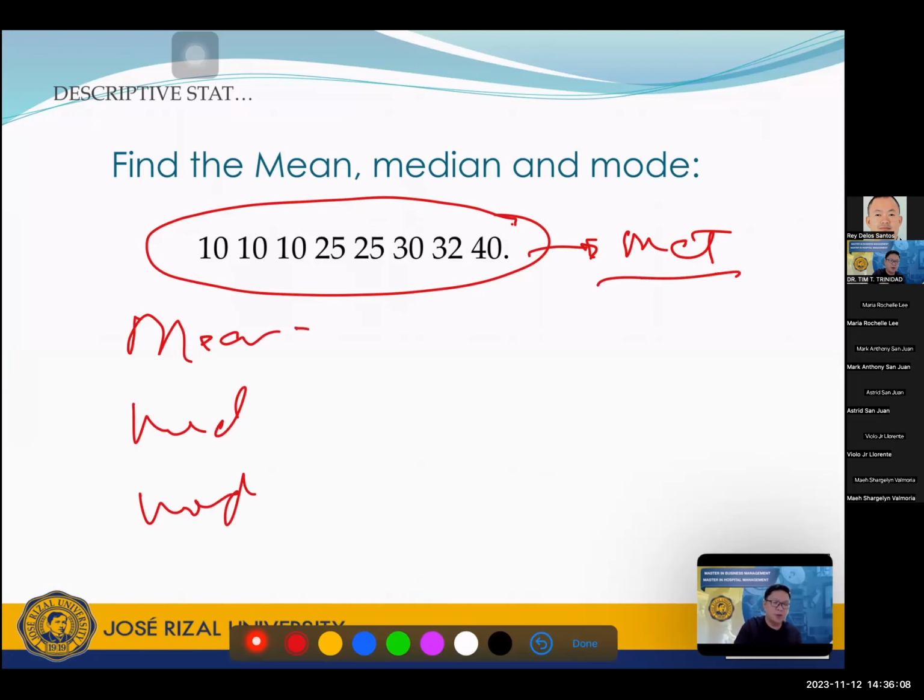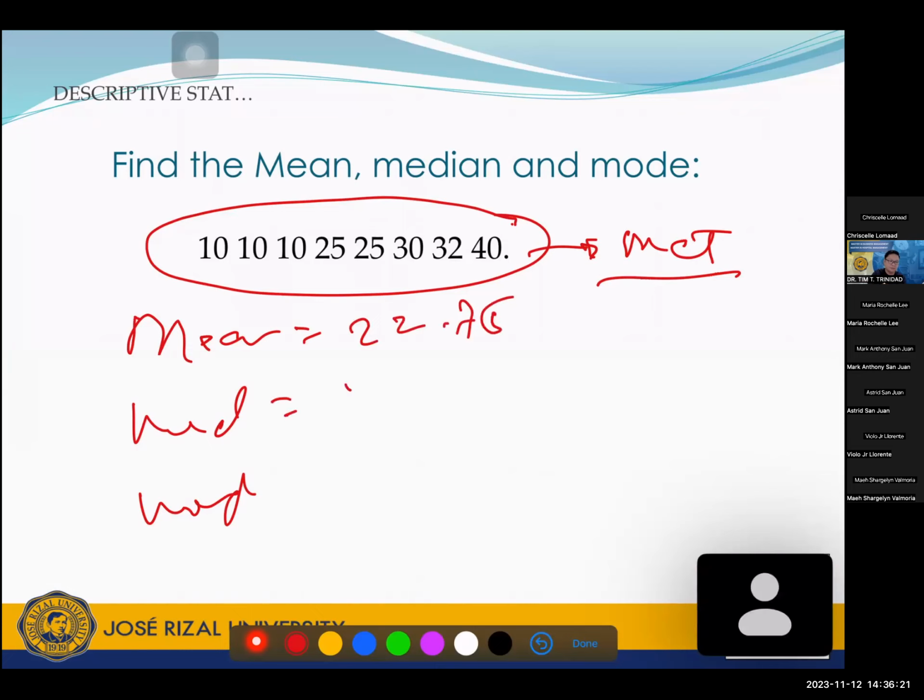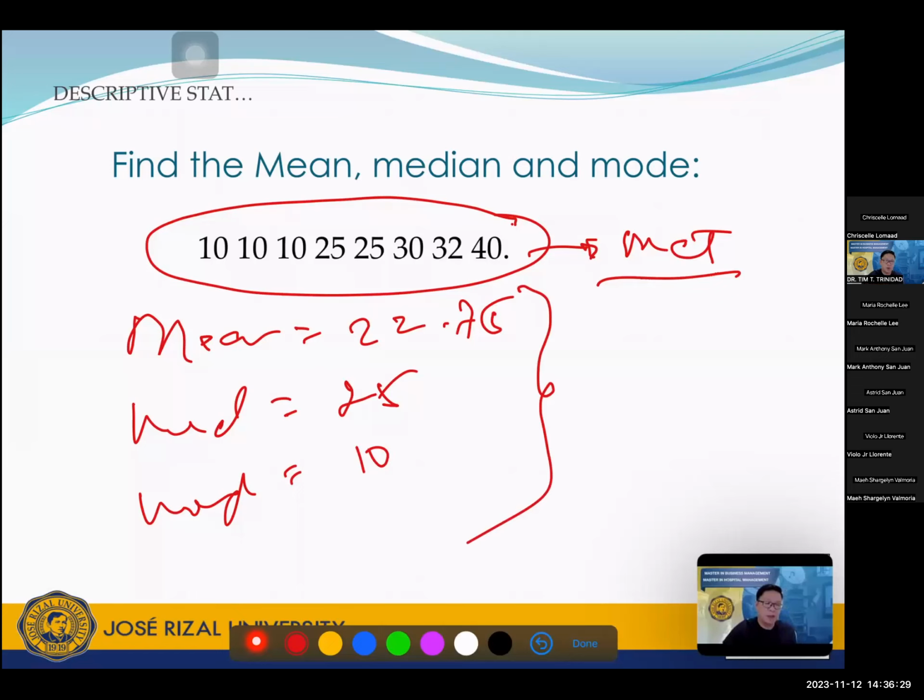So what's your mean? 22.75. What's your median? 25. Your mode? 10. Okay. So when you report this, you are describing your data in terms of your measures of central tendency.